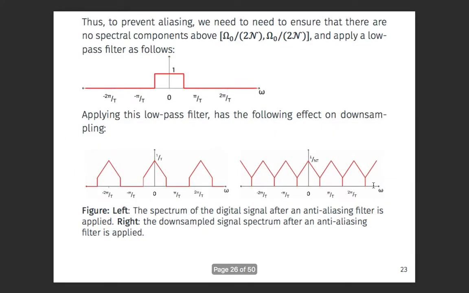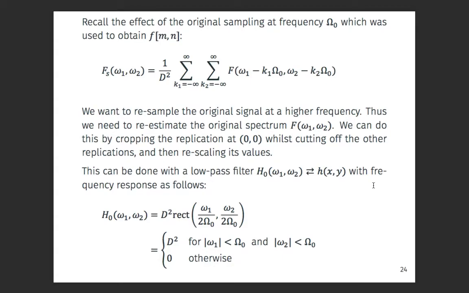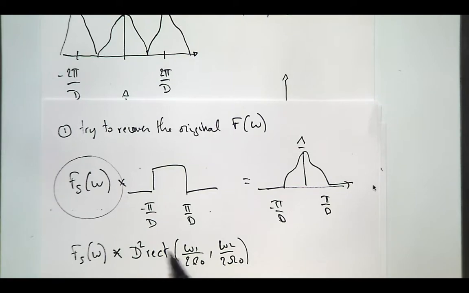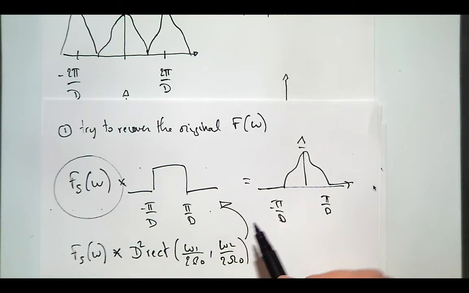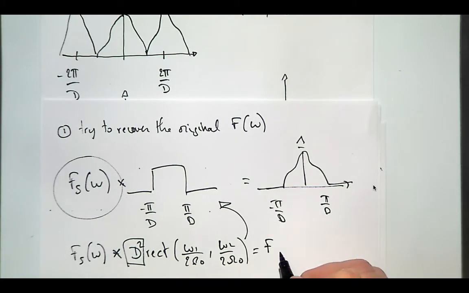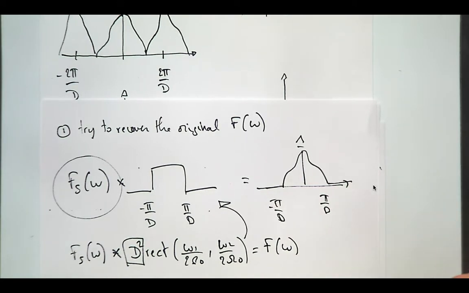All right, so this is what you get. For the exact formula you can look into the slides, but basically you have the d squared, where d is your sampling distance, and to get back your best estimate of the original spectrum, you need to apply this filter.